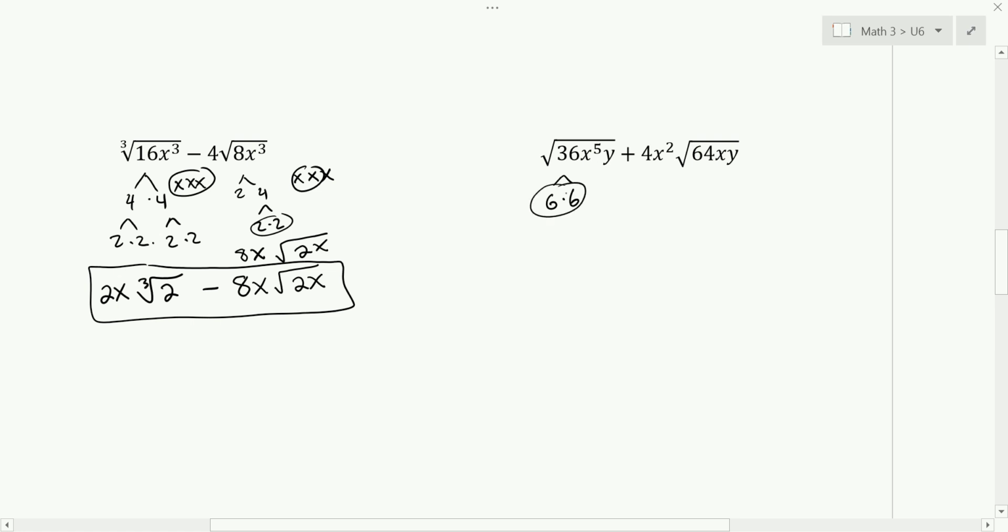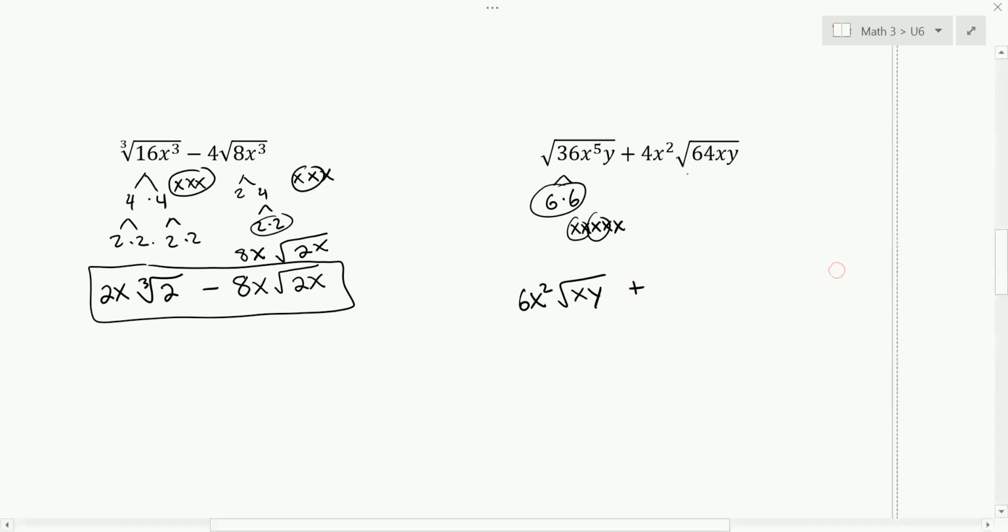Okay, because you already got a pair of 6's. Okay, so 6x squared, square root of, good. And then plus, we have the 4x squared, square root 64xy.